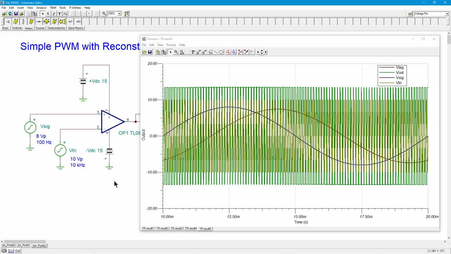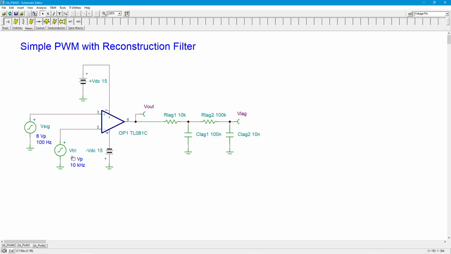The bottom line is you have to set the triangle wave and this filter to an appropriate frequency. So in the case of an audio system, the lag network would be set to somewhere around 20 kilohertz, which would be the upper limit for human hearing for young, healthy adults.